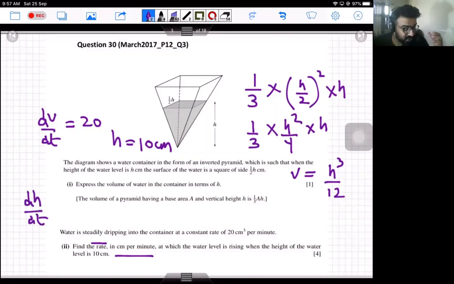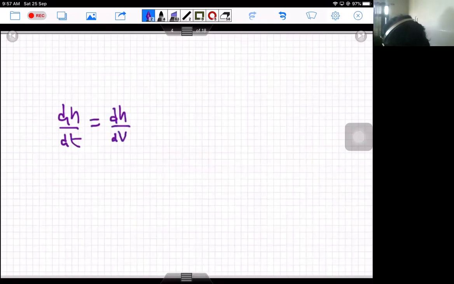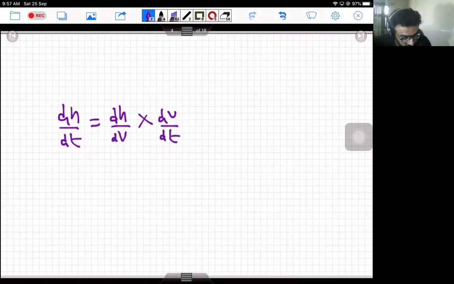So for this purpose, if you use the chain rule, we can say that dh over dt is equal to dh over dV multiplied by dV over dt.